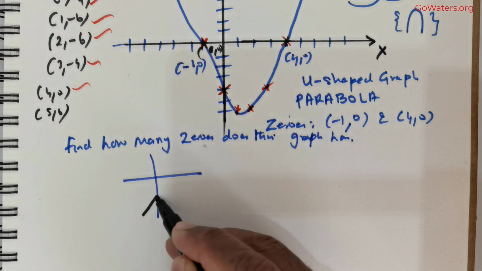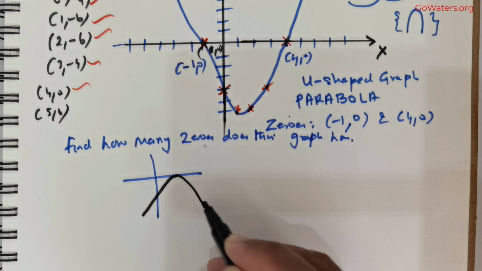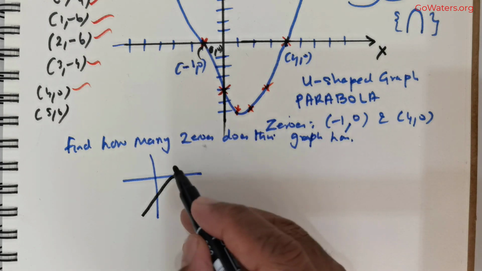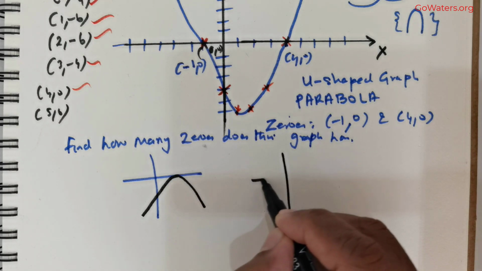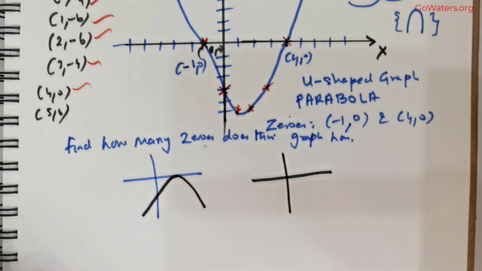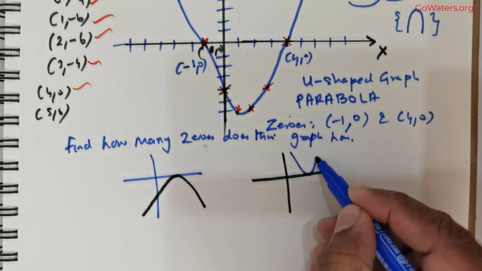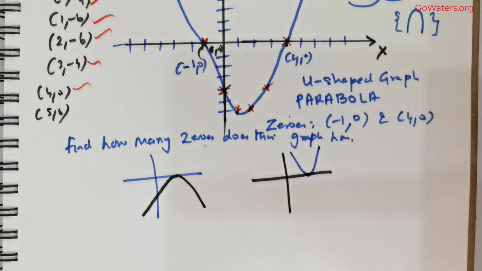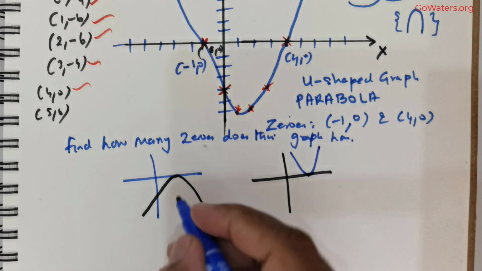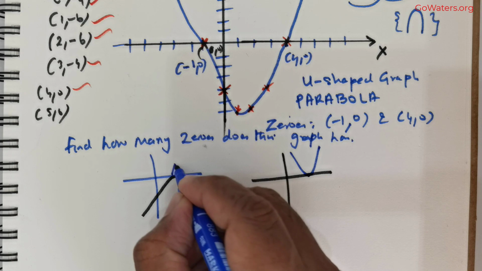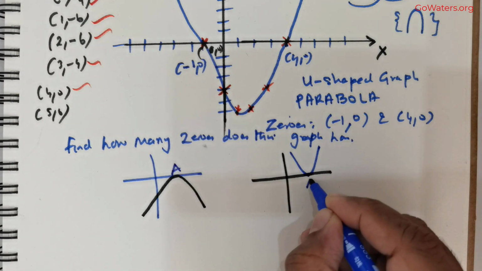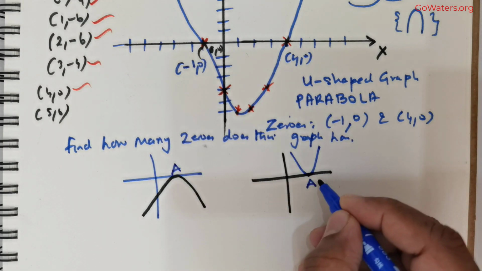It goes like this and hits here. This is one graph. There is another graph I'm giving. In this case, it is hitting here, just one touch. So this point is say A, and this point is say A dash.